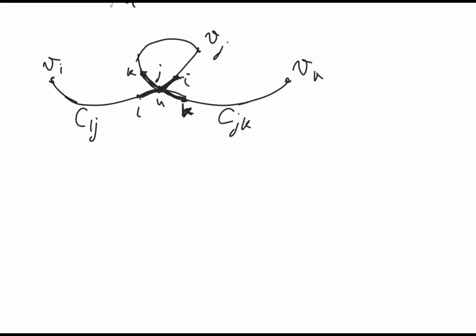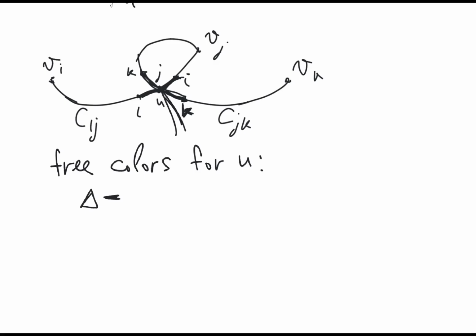So let's count the free colors for the vertex U. We have delta colors in total, and we subtract the maximum number of colors that could be taken in the adjacent vertices. For the other vertices that are not drawn in the picture, we don't know their colors, but we know that delta is the maximum degree in the whole graph G. So there are in total at most delta adjacent vertices of this vertex U, and 4 of them take 2 colors.